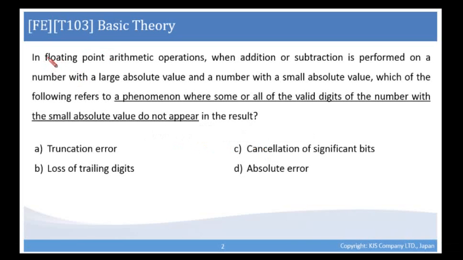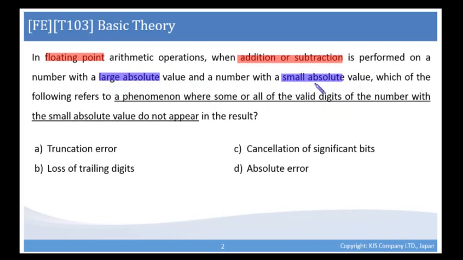So this week we're looking at floating point arithmetic operations, and some of the errors that can be caused in them. In floating point arithmetic operations, when addition or subtraction is performed on a number with a large absolute value and a number with a small absolute value, we'll see if there are any issues when both aren't large or both aren't small.